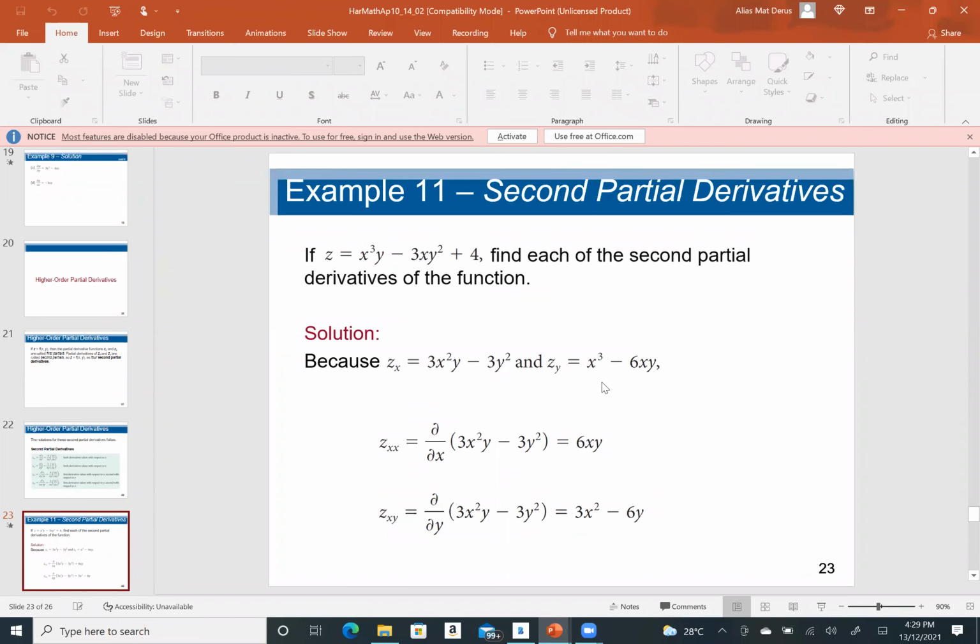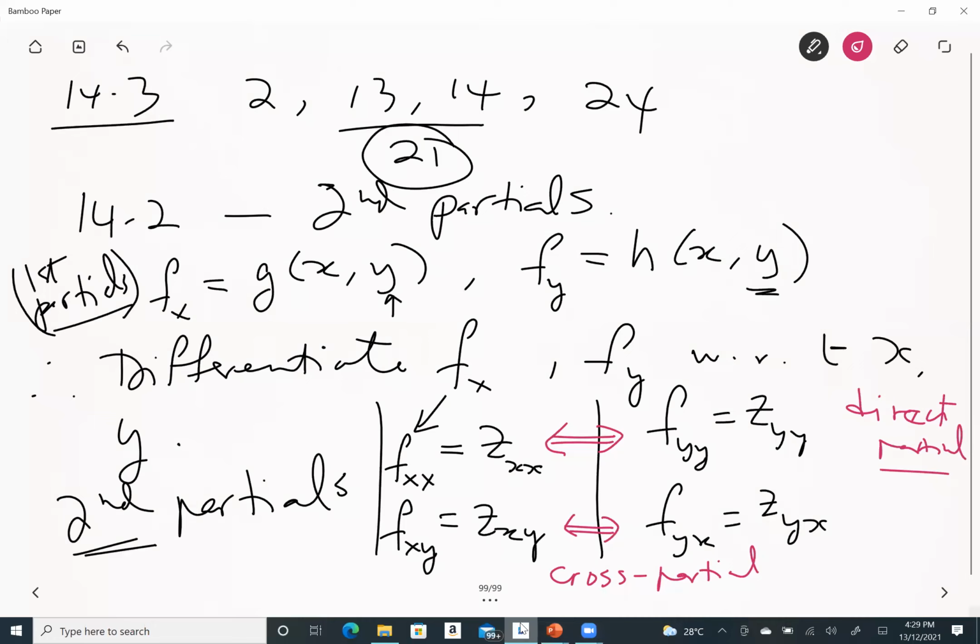All right. So I'll give you a second example. I would like you to do the question that I assigned to you earlier. Go to 14.2. I gave you many questions last time. So if you have done this, it's good. Let's try question number 3 first.